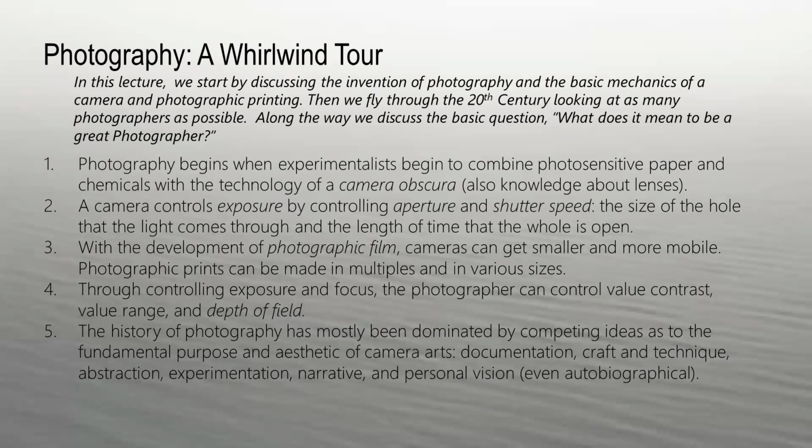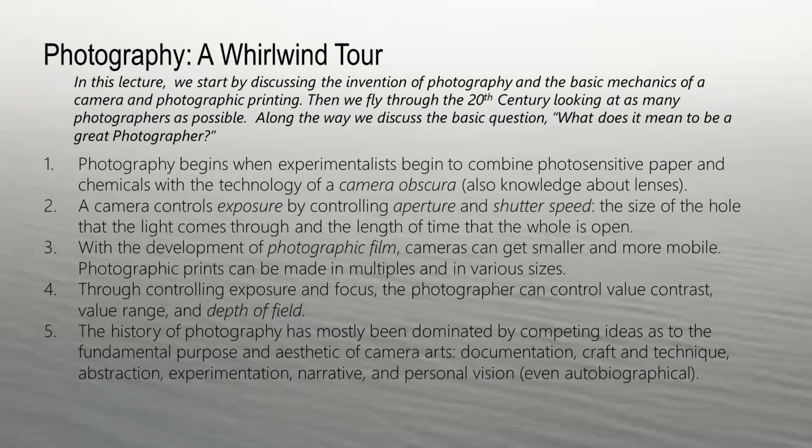So by controlling the size of the hole, you can control exposure, and by controlling how long the image is exposed. We'll get to the reasons why you might want to control exposure other than by changing aperture, and other than shutter speed, because there are downsides to both of them.